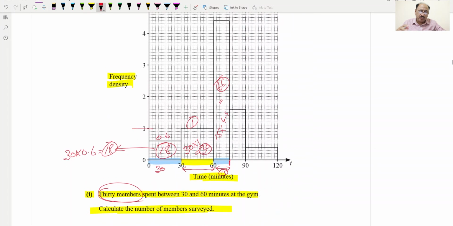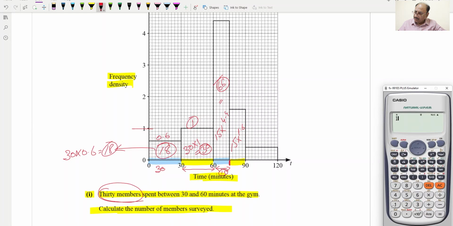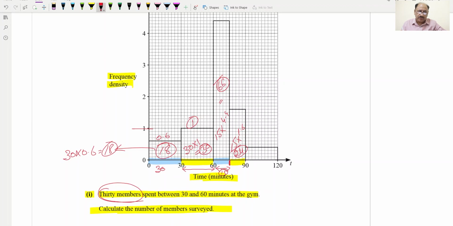So we are going ahead for the next, which is for this section, which is also 15, and it will be multiplied by height, so it is 1.6. So 1.6 will be this height, and it will be 15 multiplied by 1.6 is equal to 24. So this will be 24.